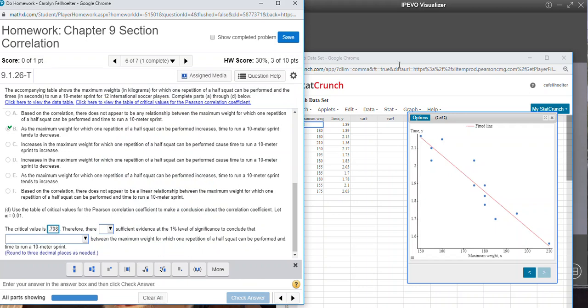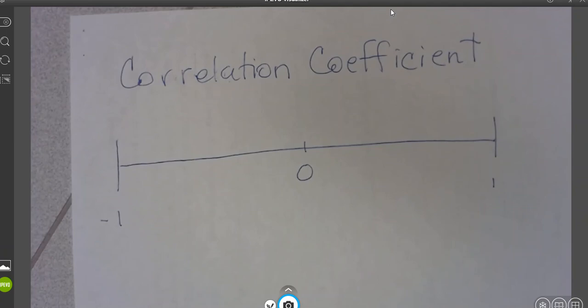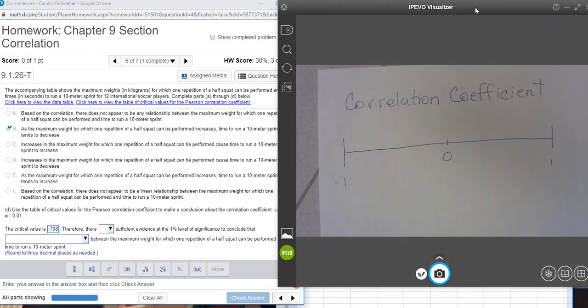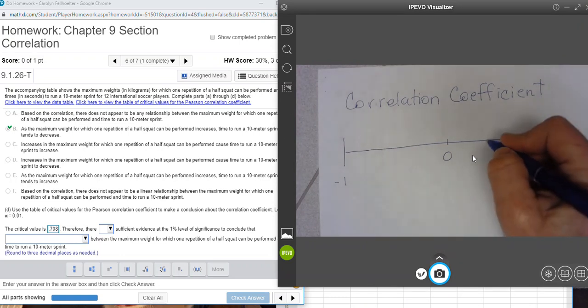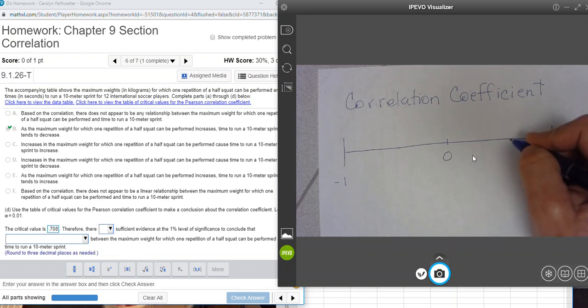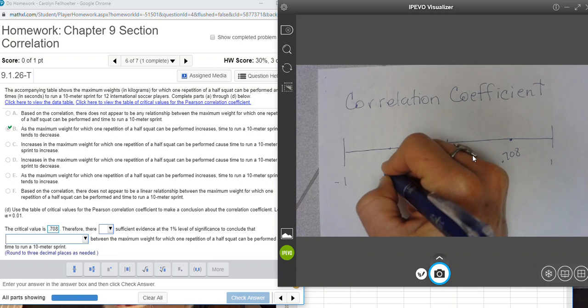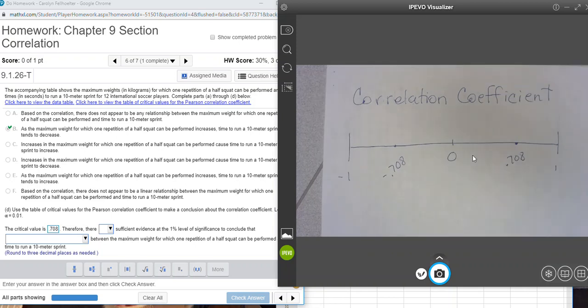And let's take a look. I'm going to switch over to see if we have evidence or not. So we have critical values at 0.708, which is about right here, and negative 0.708 would be down there.